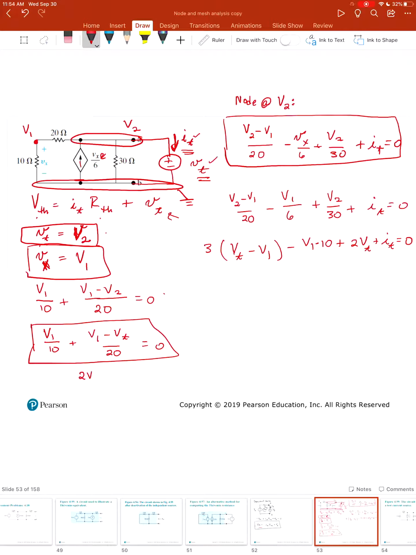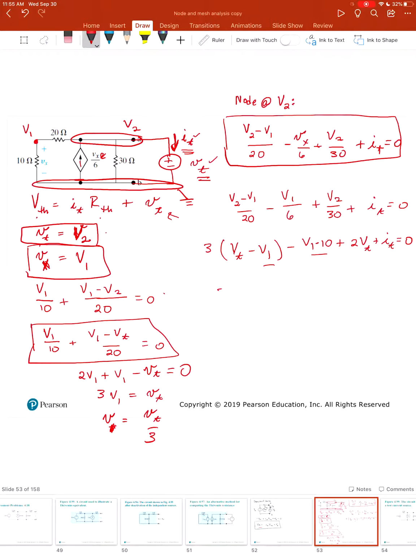Okay, from this equation, I get that 2V1 plus V1 minus V test is equal to 0. So 3V1 is equal to V test. I think that's right. Let's see, 2 and 1. Yes, so V1 is V test over 3.